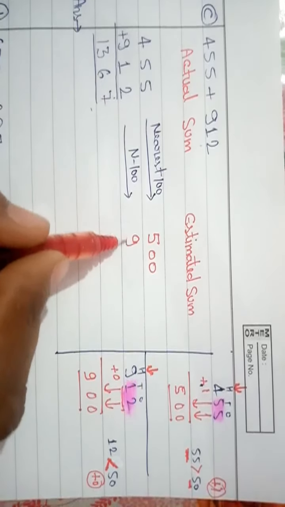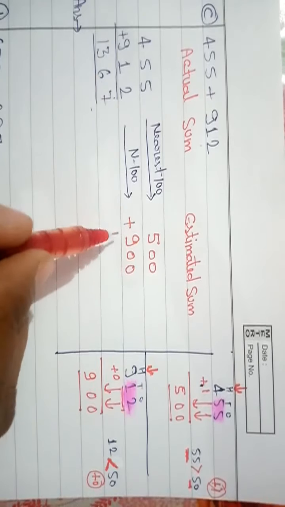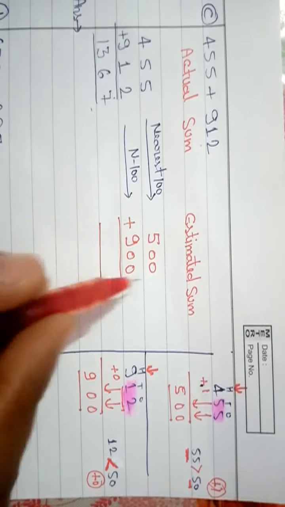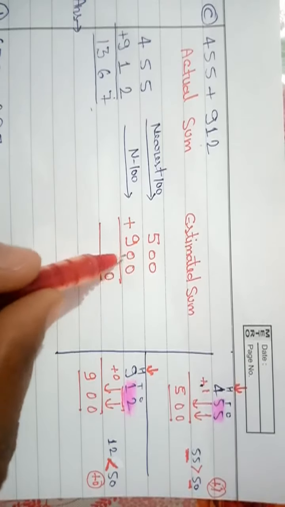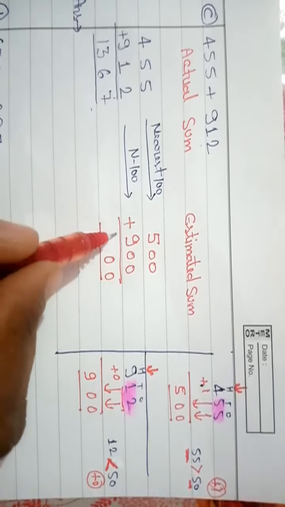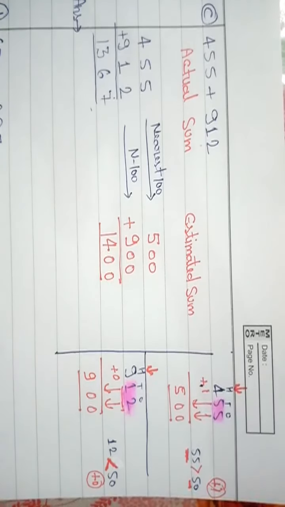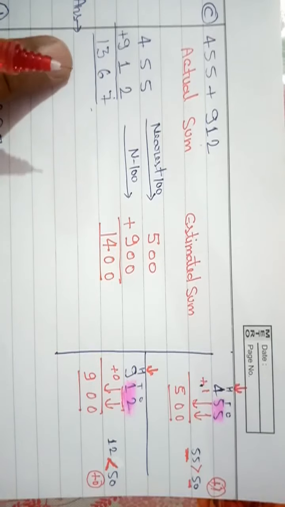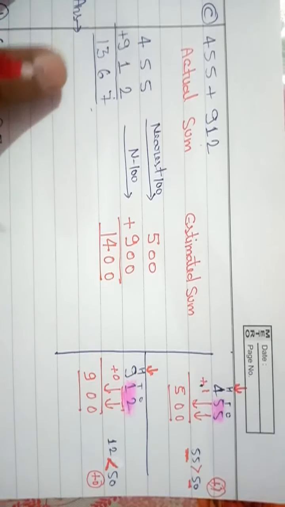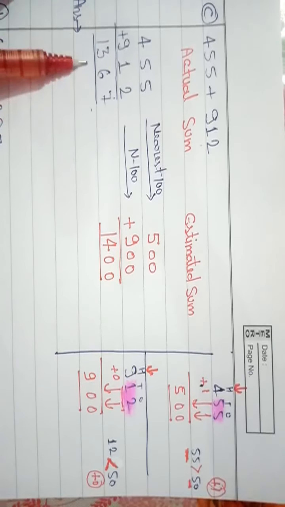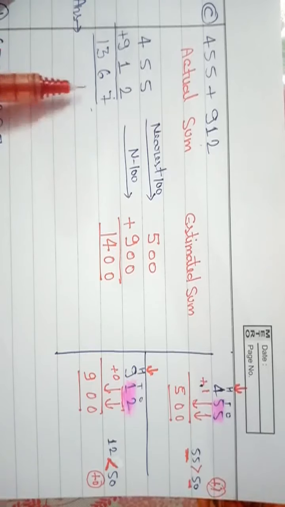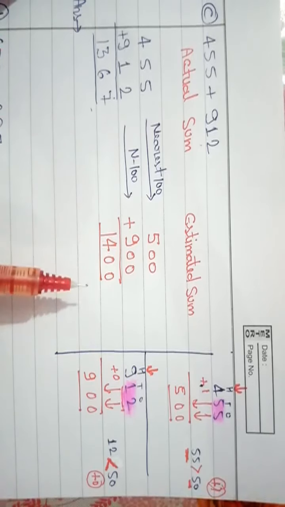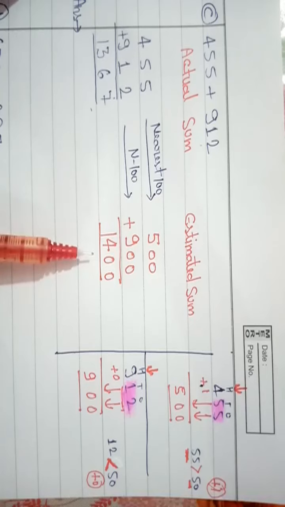Okay, so 900 plus 500, 0 0 0 0 and 14. So the estimated sum is 1400, which is close to the actual sum 1367.